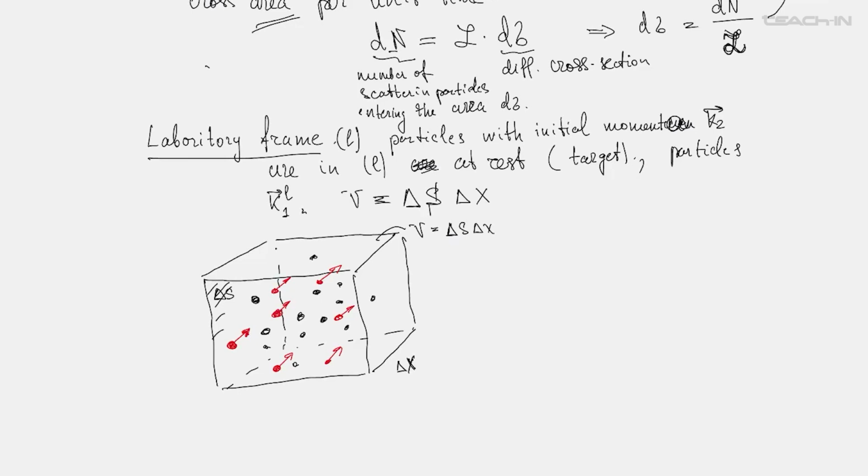The probability to find the target particles in the volume V is, of course, proportional to the volume and the particle density.